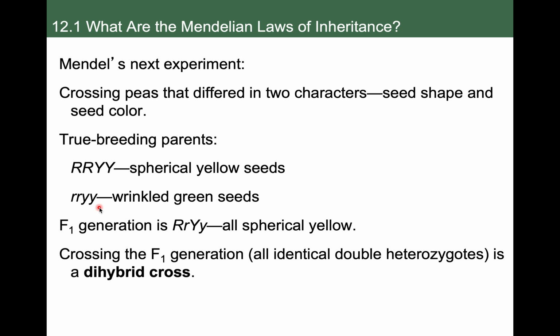And he was essentially seeing some similar patterns, at least in the F1, in that the F1 always looked like the dominant parent, right? So they were always spherical and yellow. And these are called dihybrid crosses now instead of the monohybrid crosses we were doing before, because we're talking about two genes.